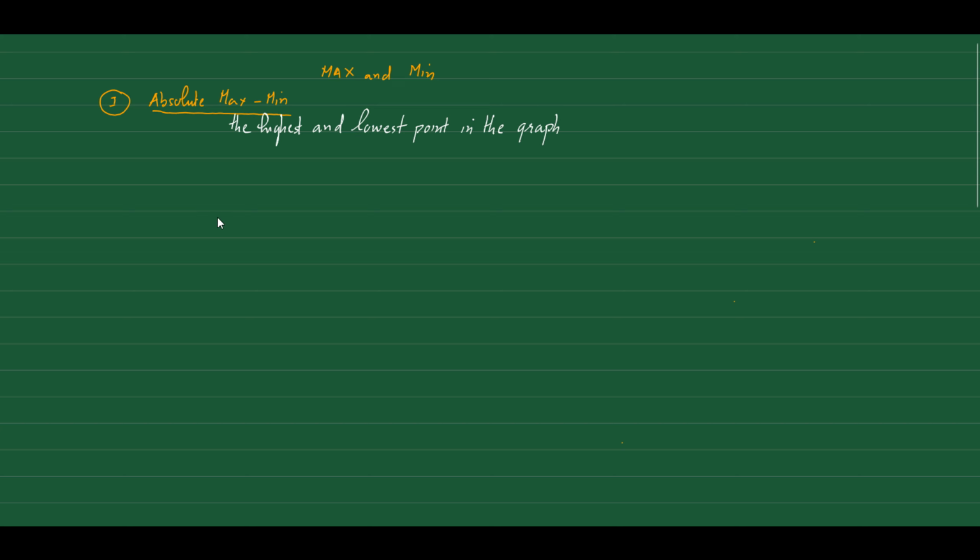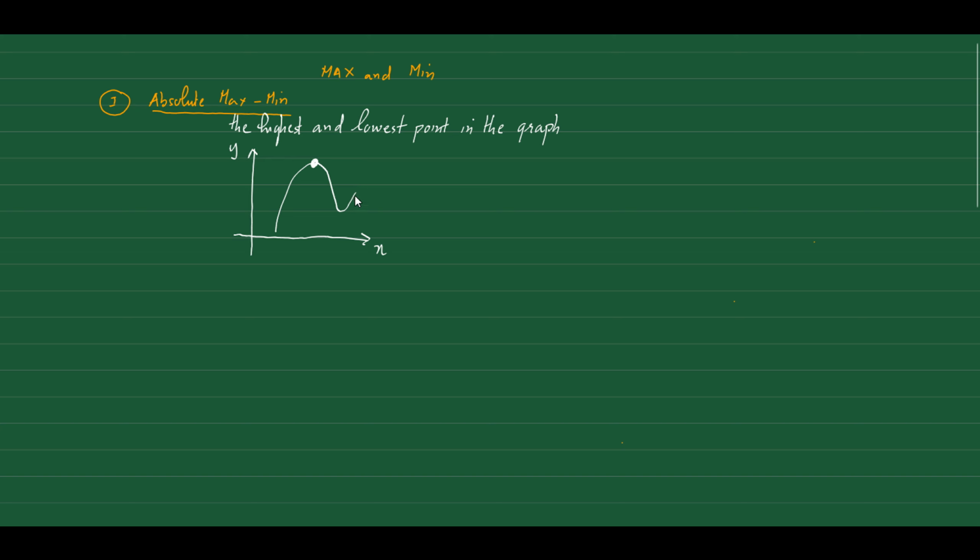For example, I have something like this. I have a graph like this, and it's not even a straight line. I have y here and x here. See, the highest point is right over here.